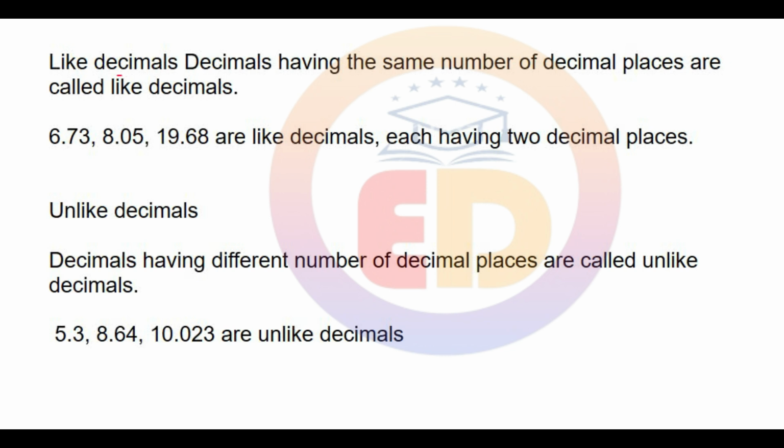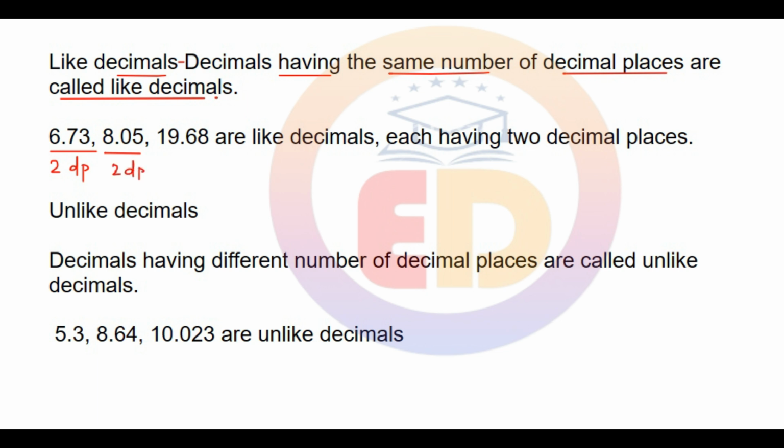Like decimals: decimal numbers having the same number of decimal places are called like decimals. For example, 6.73 has 2 decimal places. Decimal place I am writing in short as DP, so you understand this as decimal place. So 6.73 has 2 decimal places. Similarly, the next decimal number 8.05 also has 2 decimal places.